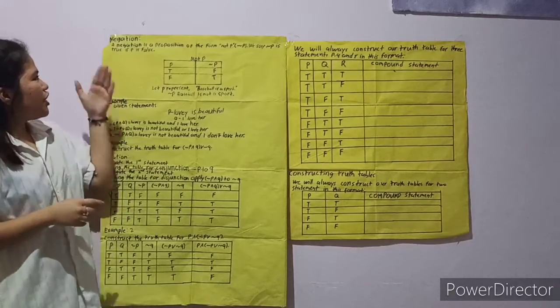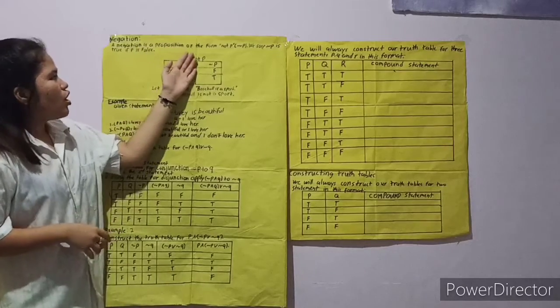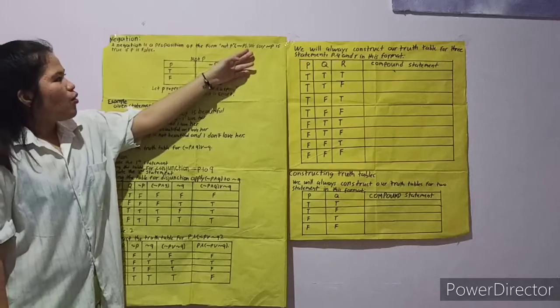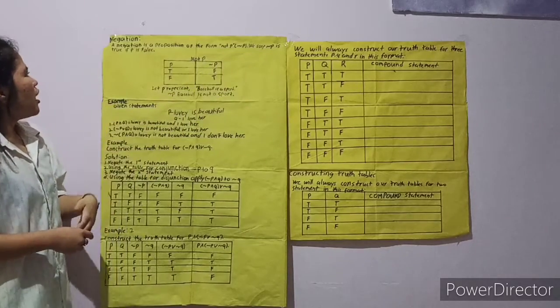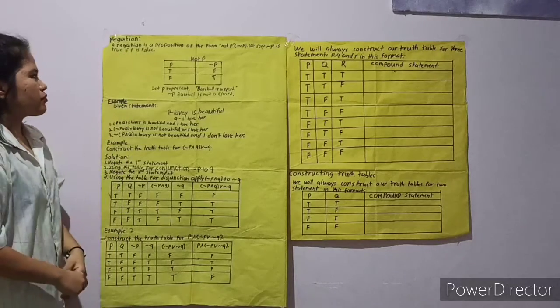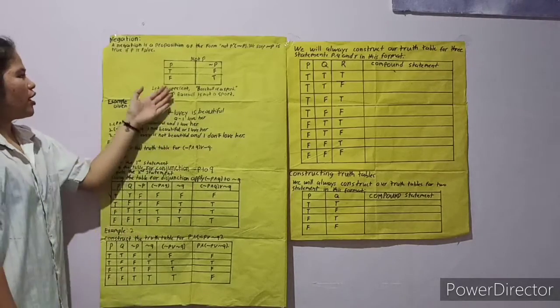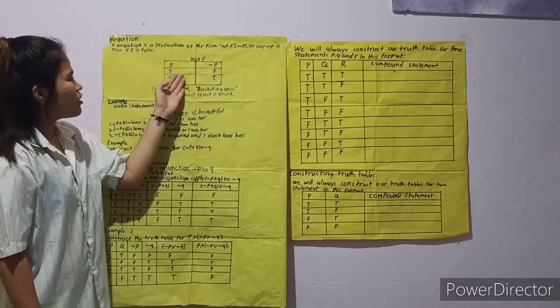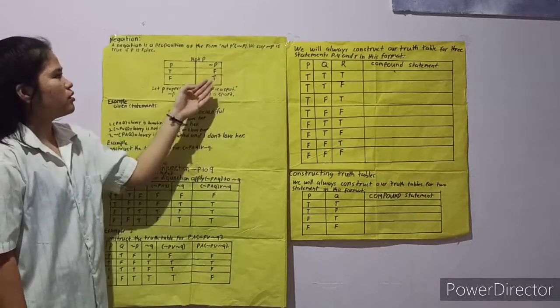Negation. A negation is a proposition of the form not P. We say that not P is true if P is false. We have here a table for not P. When P is true, not P is false.